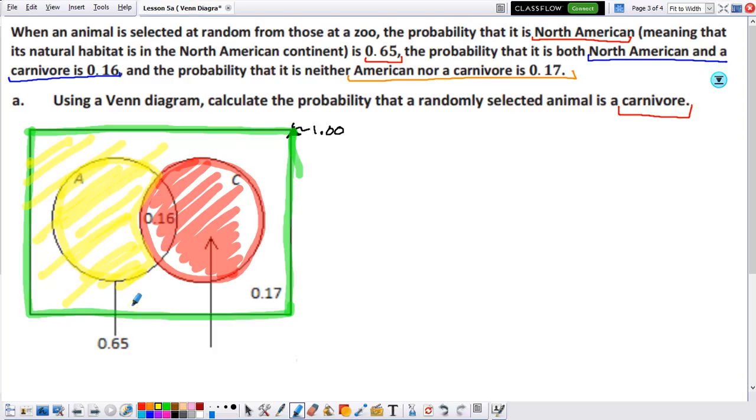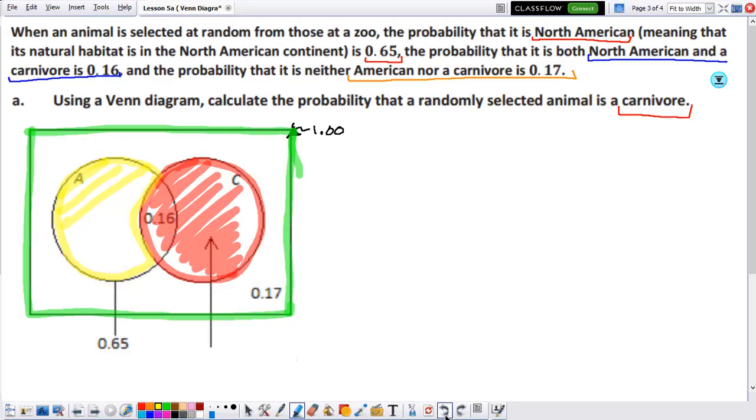So notice that if we subtract everything that I'm doing in yellow here, what are we going to get left? We're going to get left just the red one, which is exactly the region that we want. So here's a strategy. How can we figure out the red section? We're going to get 1 minus each of those regions.